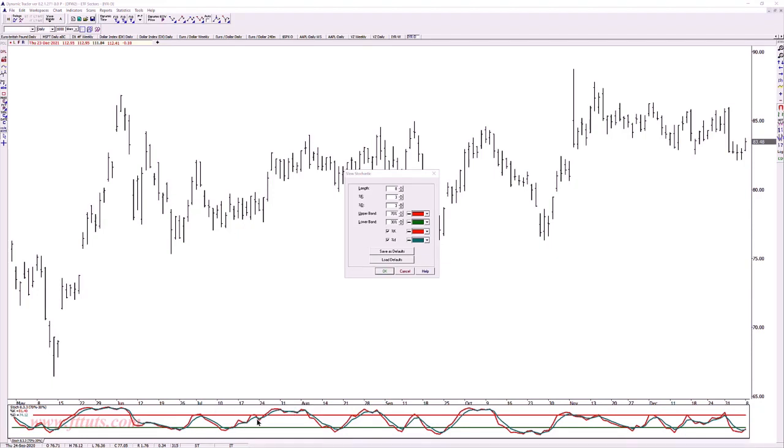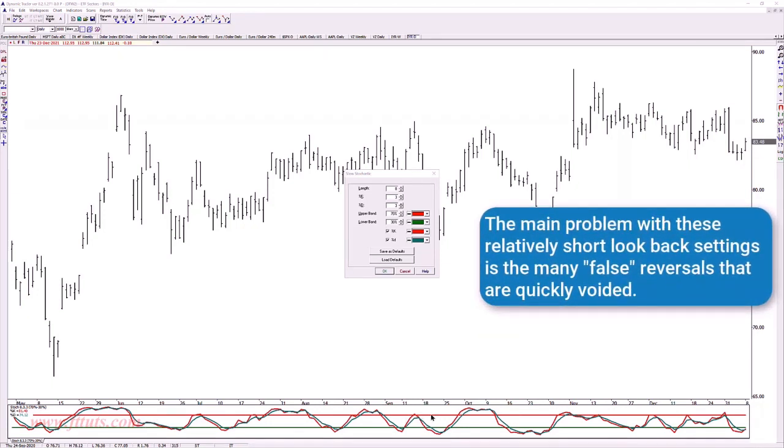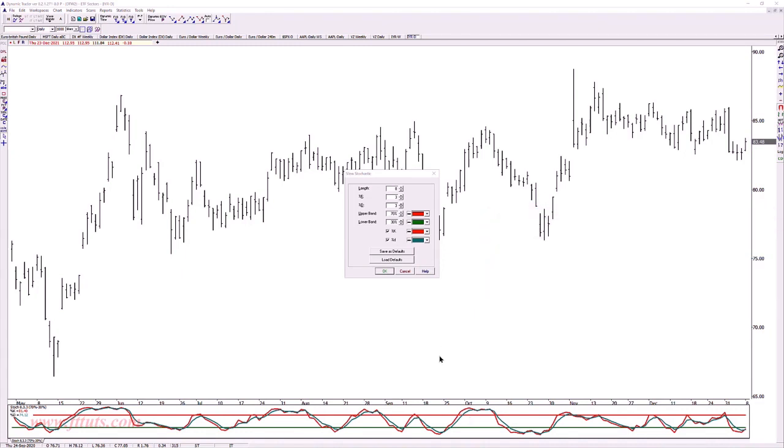And there's also quite a few of these little false reversals, what I call false reversals, in the midline, or the mid zone, we could call it. So I would prefer to have this a little bit smoother, have less false signals, and pretty much cycle smoothly from crossover to crossover. It may not be from overbought to oversold, but at least between the crossovers, we don't have a lot of these little false crossovers.